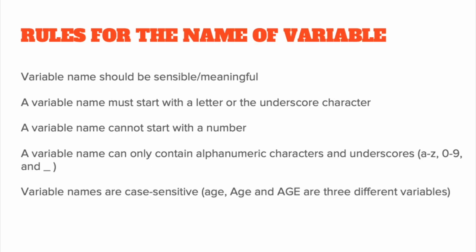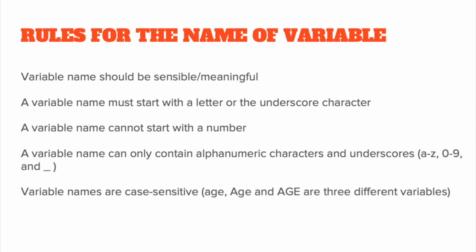Now, variable names need to be defined in a sensible and meaningful way. We can't just randomly choose any letters and make that into a variable because it doesn't mean anything to someone reading the code. So variable names have a set of rules. It must start with a letter or the underscore character. A variable name cannot start with a number.